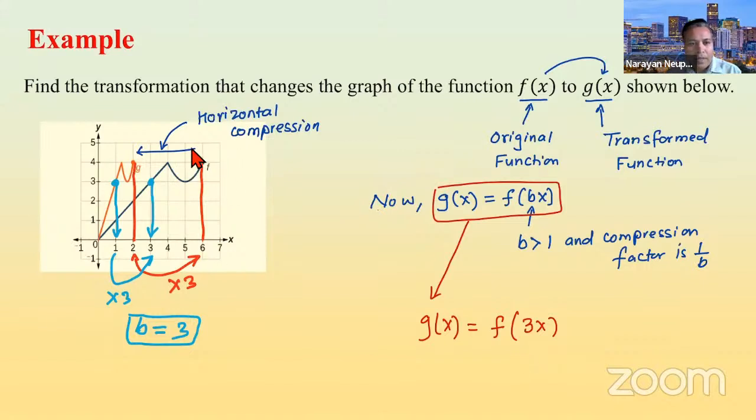The reason is that it is a compression by a factor of 1/3. The graph gets closer to the y-axis. That is a horizontal compression, and if it is a horizontal compression, we multiply the x value by b. So that is the final result.